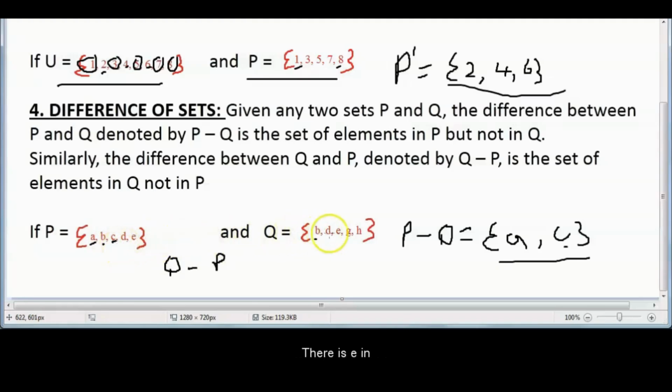There is E in Q and there is E in P. Leave it out. There is G and H in Q, but there is no G and H in P. So we pick those. G, H.